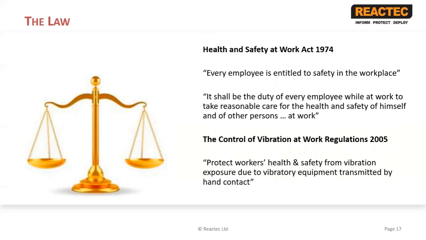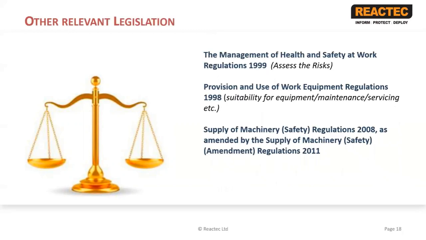But more specifically, the Control of Vibration at Work Regulations 2005 is the requirement that defines how workers should be protected at their workplace from exposure to vibration from vibratory equipment or other sources which transmit vibration into the hand.